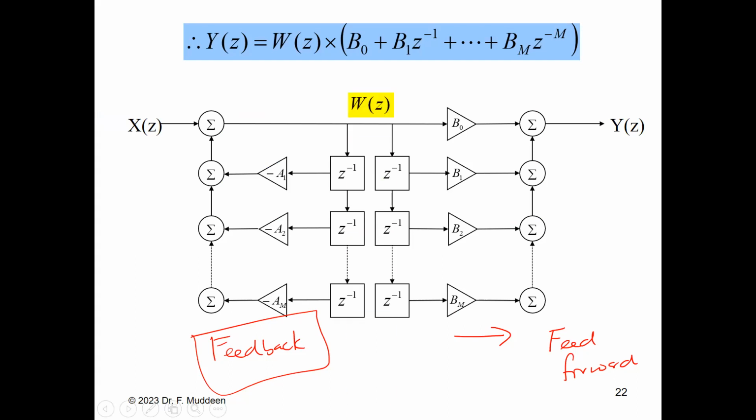And W is in fact this little bit in the middle here. I haven't done anything too strange. Like I said, 3 by 2 and 2 by 3 is the same thing. So I've swapped it to the feedback and the feed forward structure. Everybody with me?